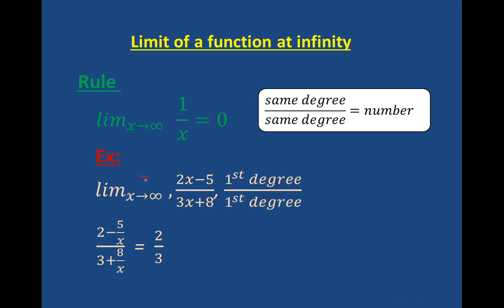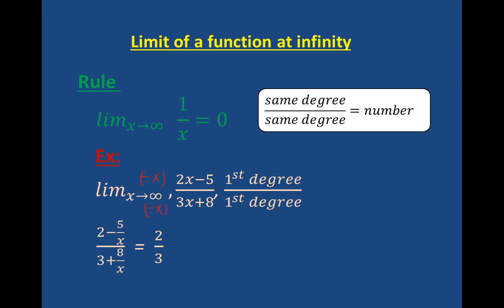I'll divide the numerator by x, also the denominator by x. Therefore, 2x over x equals 2, negative 5 over x. Also, 3x over x equals 3, and 8 over x is written as 8 over x.